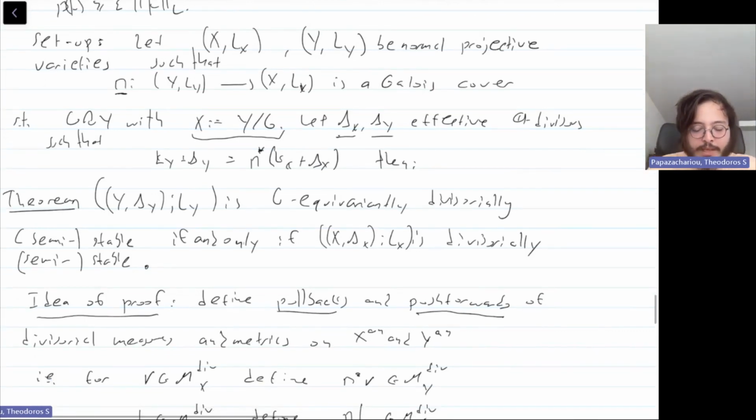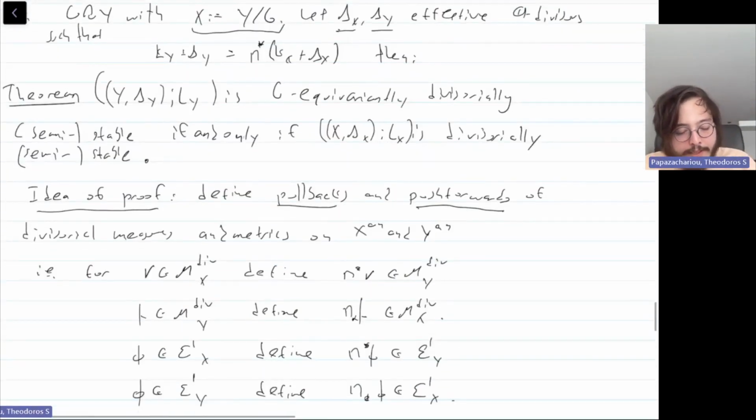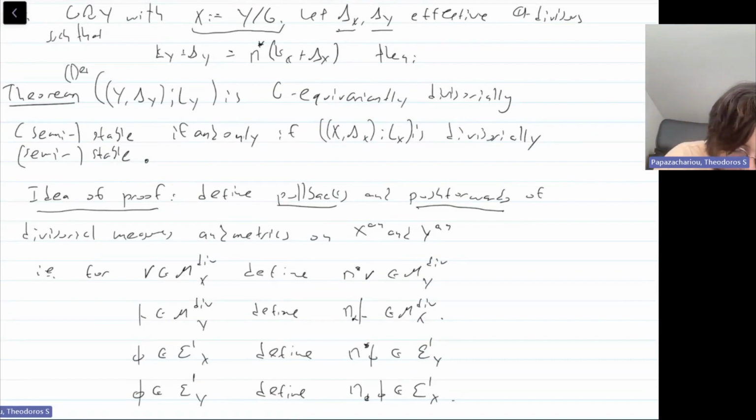So the main theorem we prove for this particular setting is the following, which I should say is our theorem. The whole point of this theorem is this comparison method that allows you to compare the divisorial stability of the cover to the divisorial stability of the variety.